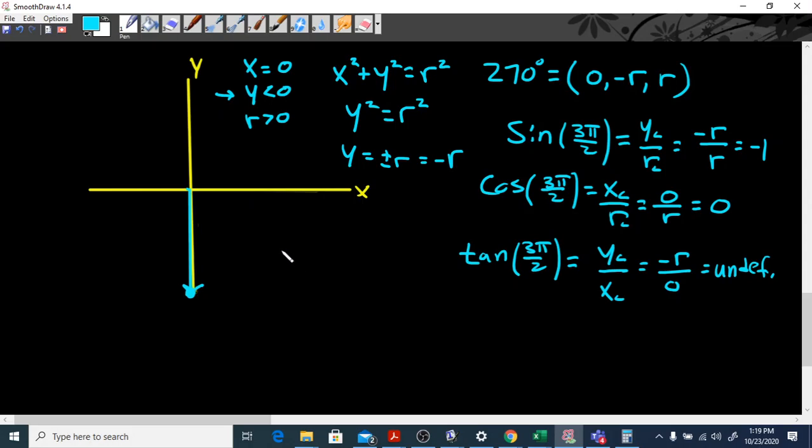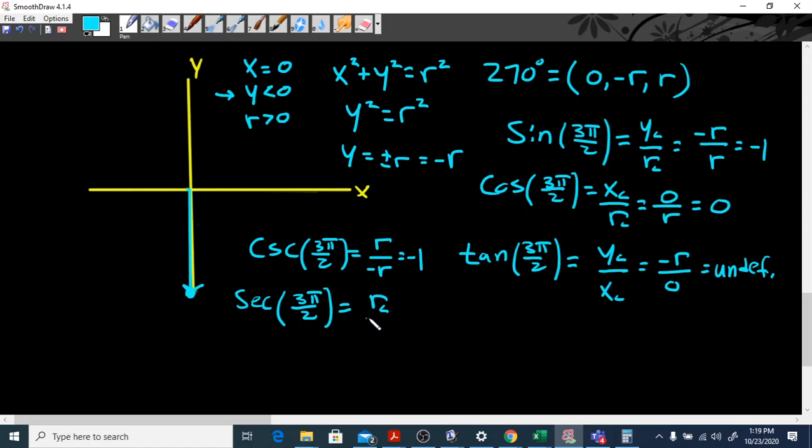All right, 3 more. Cosecant of 3 pi over 2. Well, that's r over y. So r over y, r is r, y is negative r. Divide these two, you get negative 1. The secant of 3 pi over 2. Well, that's going to be the r component over the x component.